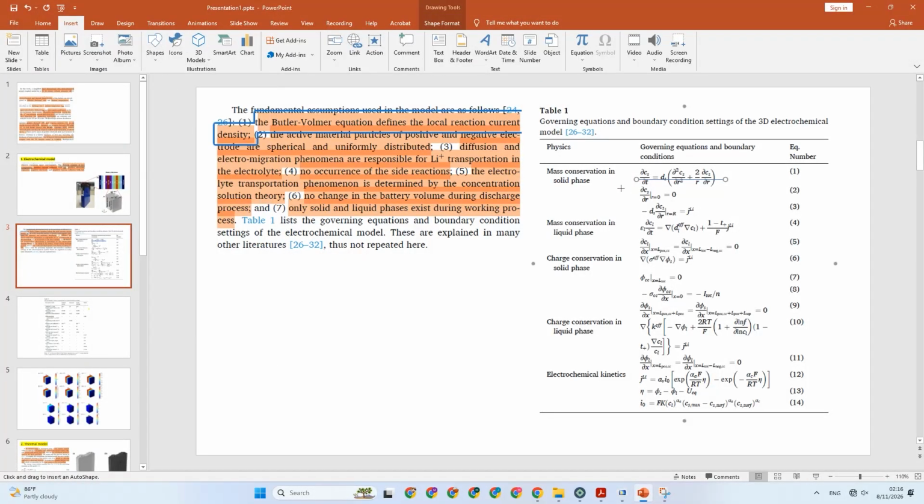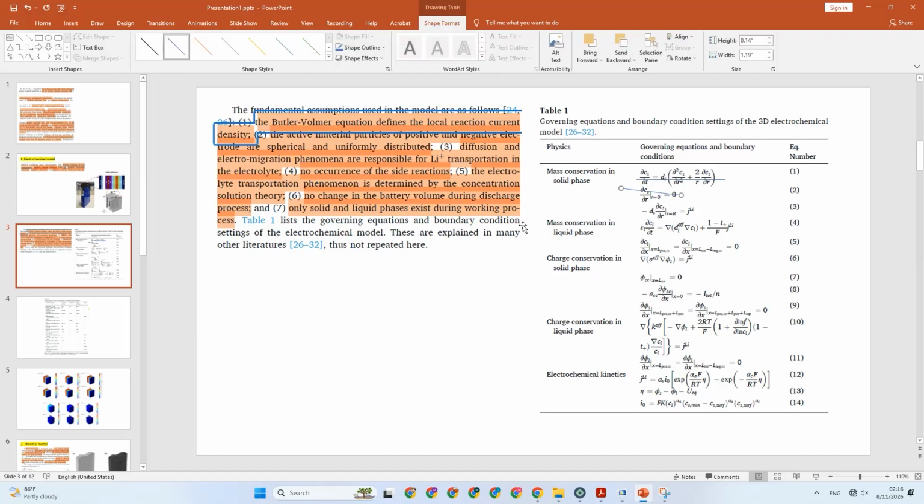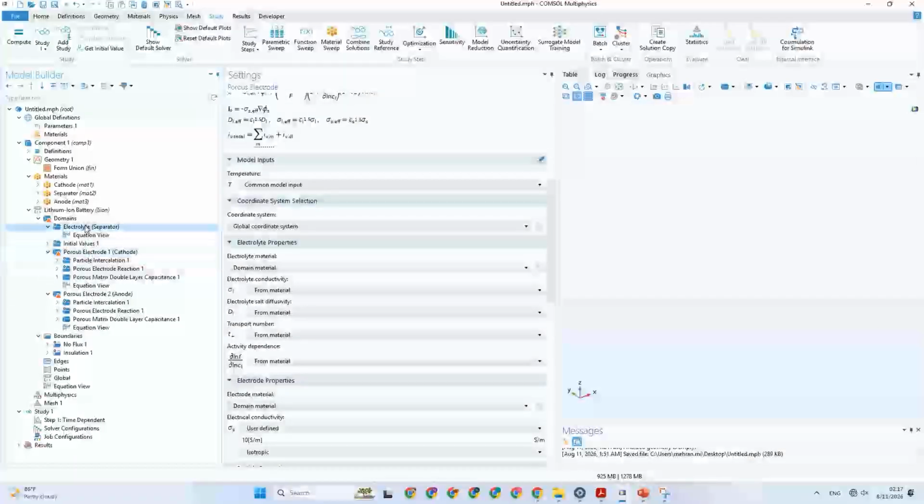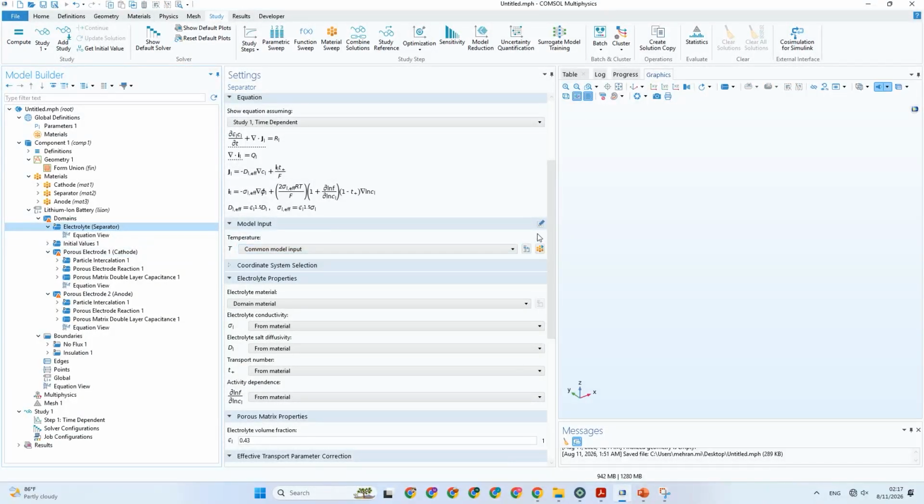This was checked also, and this is for mass conservation. The mass conservation in the liquid phase. Let me check the liquid phase. This is the electrolyte, that is the liquid phase.